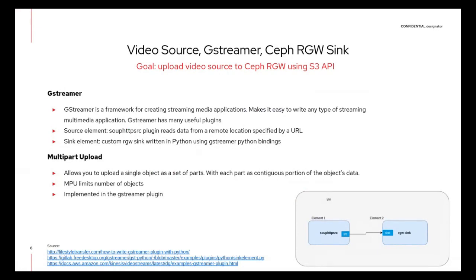Like Neha said, the source element that we used was already provided for us, which was the souphttpsrc plugin, and that plugin is able to read data from a remote location given a URL. Then the sink element is what we created: a custom RGW sink in Python using GStreamer Python bindings. Multi-part upload is how we uploaded to Ceph object storage.